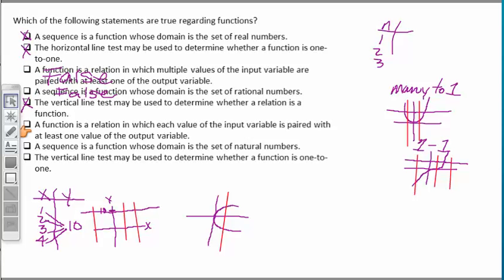I don't know if y'all entered in that check marks. Anyway, if you'd already entered it in, re-enter your answer. A function is a relation in which each value of the input variable is paired with at least one value of the output variable. They're not all going to the same place.